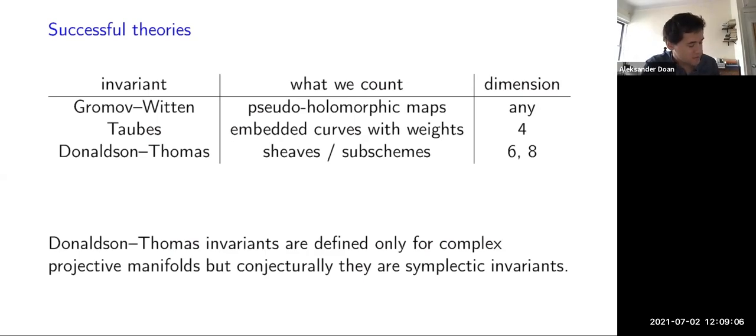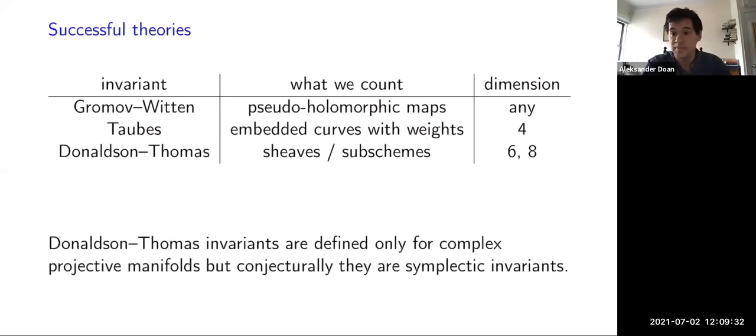And in algebraic geometry, we have a different family of invariants, which are broadly known as Donaldson-Thomas invariants, which instead of maps count sheaves or equivalently subschemes of complex dimension 1. And these invariants are defined only in dimension 6 and 8, and also only for projective manifolds.